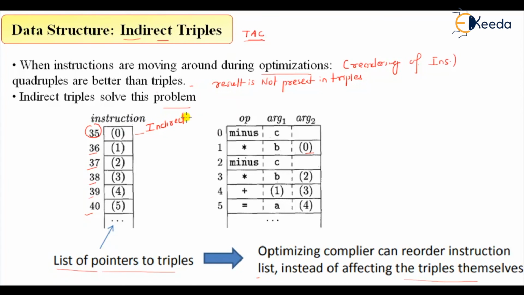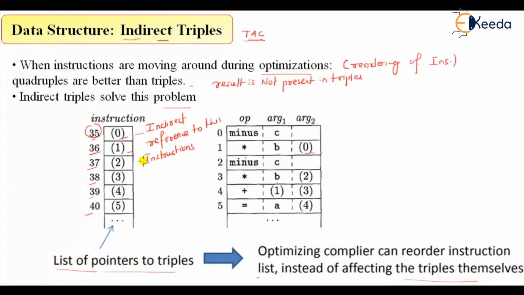I think this example is not clearly reflecting that particular condition, but here 35, you can move it around or reorder it. 35 is the 0th instruction, 36 is the first instruction.